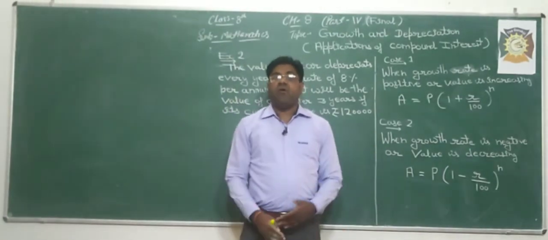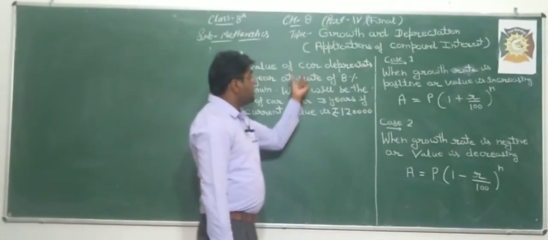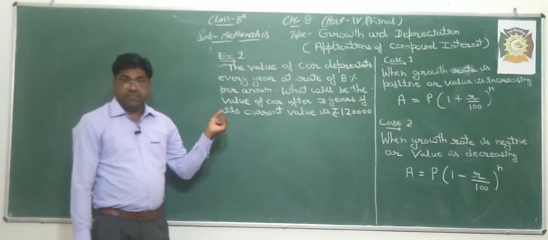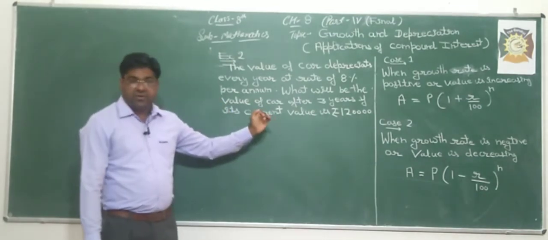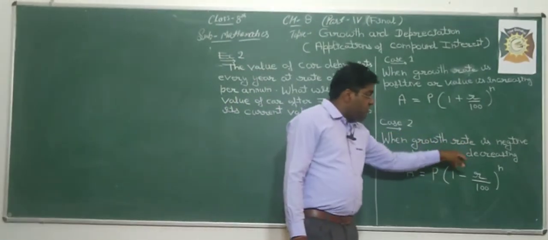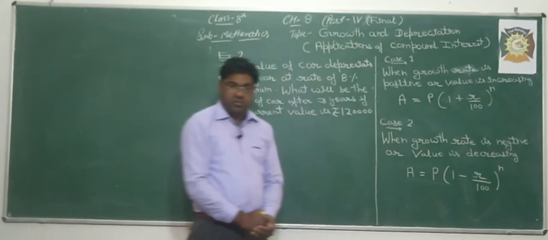So how can we solve this sum? Which formula can we use? Because now the value is going to decrease and the present value is given, we will use this formula in this question.